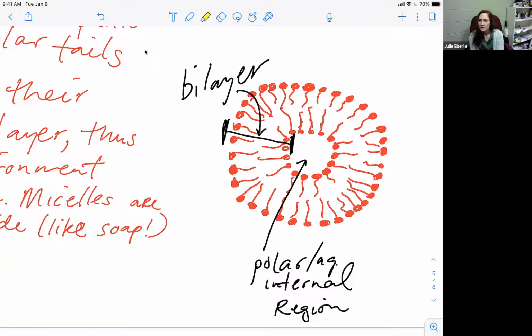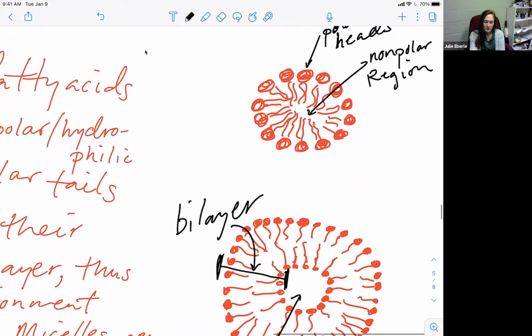Liposomes, most of you said this, have a bilayer. So they're composed of fatty acids as well, but these fatty acids arrange in a bilayer, which means you have this completely polar internal region. And that is useful for transport of polar aqueous hydrophilic molecules. They're happy, they're satisfied on the very, very inside of that, unlike they would be on a micelle.